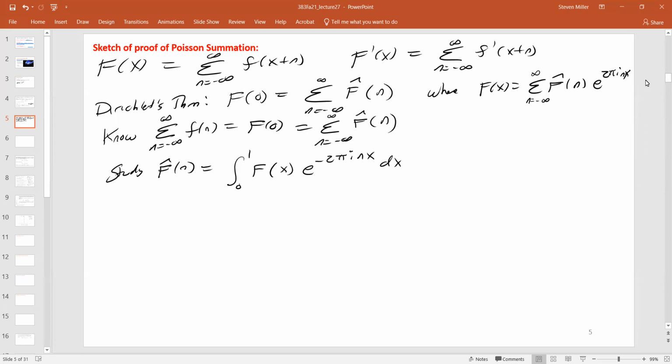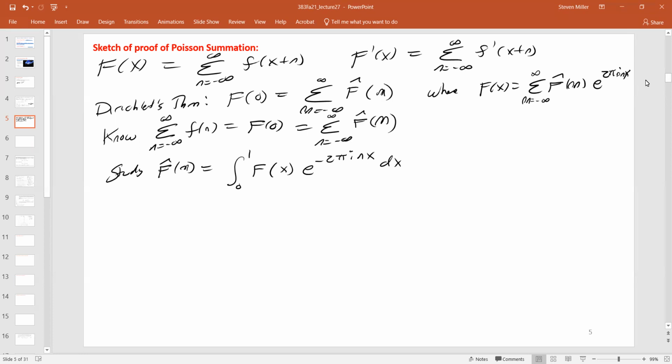But what is big F? It is a sum of f of x plus n. So I can't use the same letter n because I'm already using n as the f hat of n, unless I just do a quick search and replace and make all of these n's equal to m's, which is very easy to do.